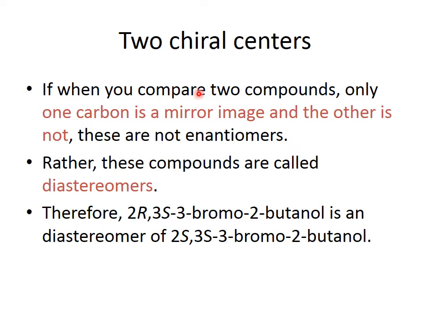What is that? When I compare two compounds and only one carbon is a mirror image and the other is not, like what I just showed you, they're not enantiomers. They're something called diastereomers. The definition of a diastereomer is a non-superimposable, non-mirror image stereoisomer of the same compound. So 2R, 3S is a diastereomer of 2S, 3S.